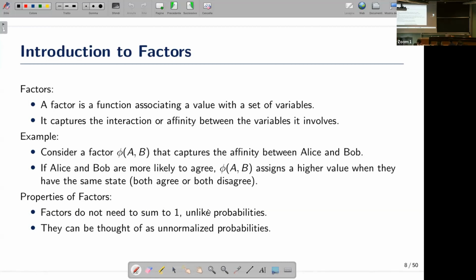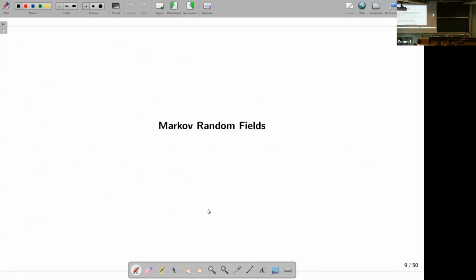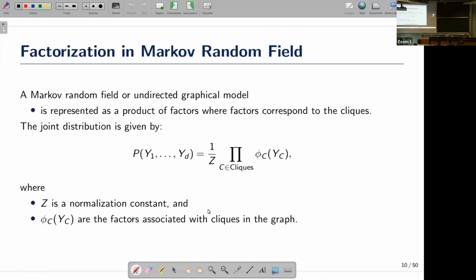These factors are not probabilities. So in order to make the factors probabilities, we need to divide them by a normalization constant. We will call this Z. We will see in a moment.